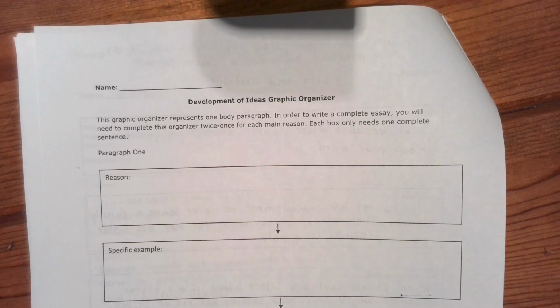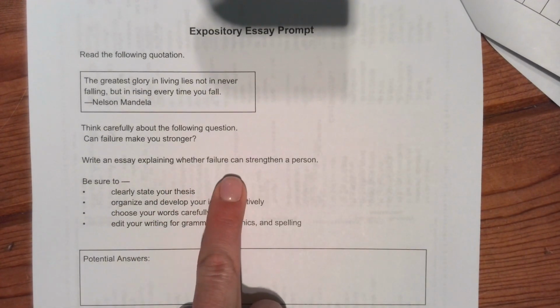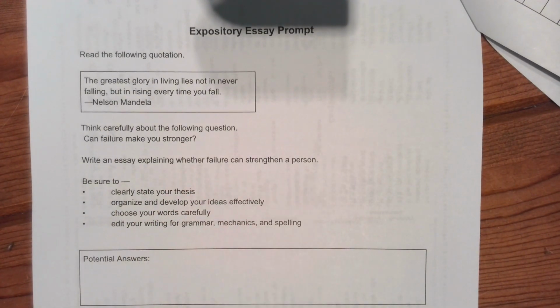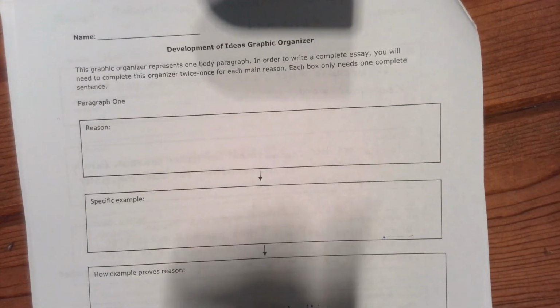First, if you like, you can use the Of Mice and Men essay. Second, you can use the same prompt that I did, why it is important to honor a commitment. Or, if you do not have any writing samples available, you can flip back to your packet to page 16 and use today's prompt, which is write an essay explaining whether failure can strengthen a person. Work through these 2 on your own. You got this.